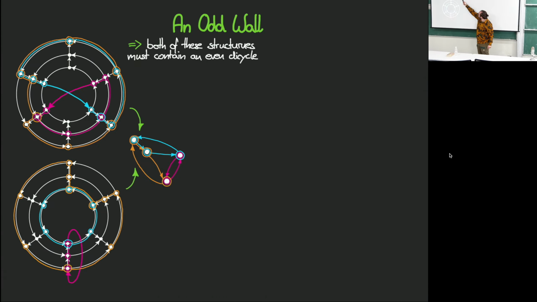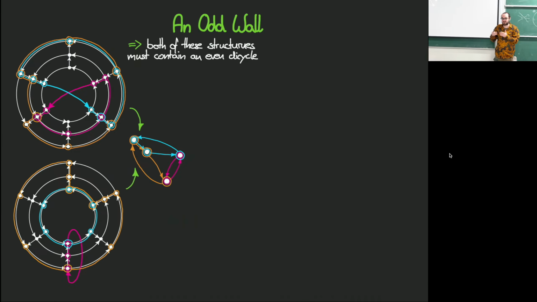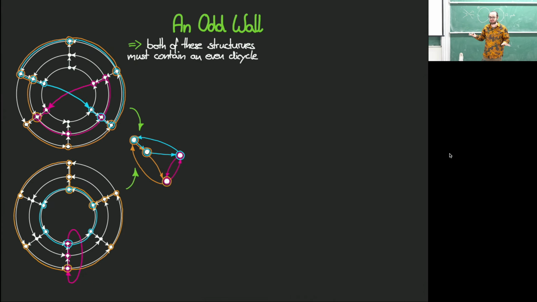And this edge in particular is butterfly contractible because it's the only outgoing edge of the tail and the only incoming edge of the head. So I can contract, identify these vertices, get a bidirected triangle. So both of these guys, no matter how they're subdivided, must contain an even directed cycle. Can never get rid of them.